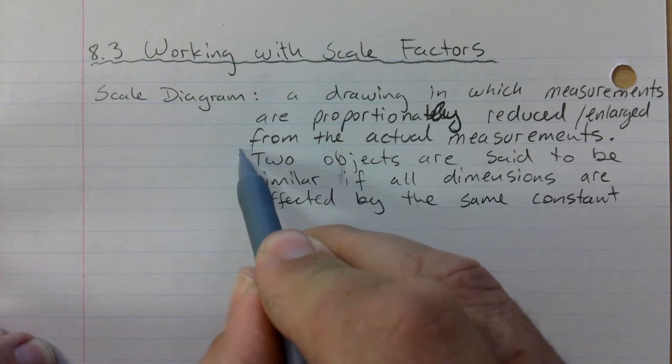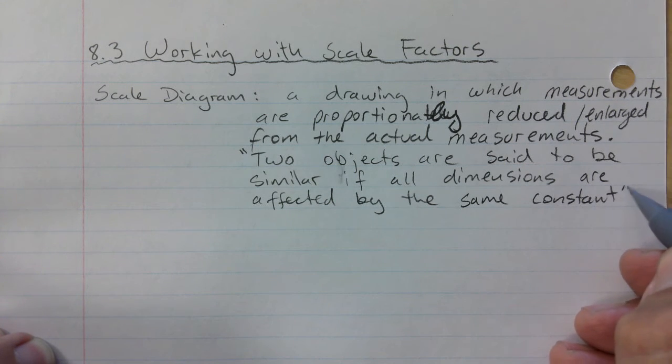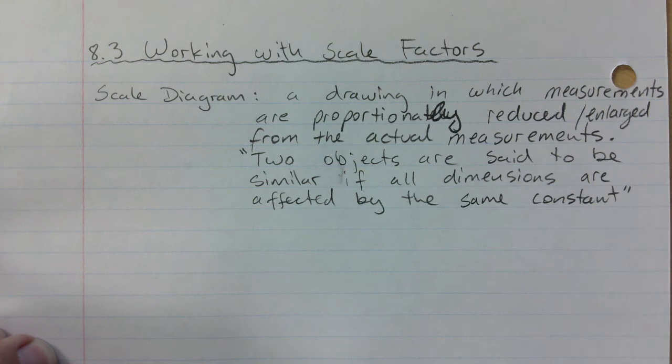This is very important, right? I'm going to put that in quotations. Two objects are said to be similar if every dimension has been affected by the same constant.